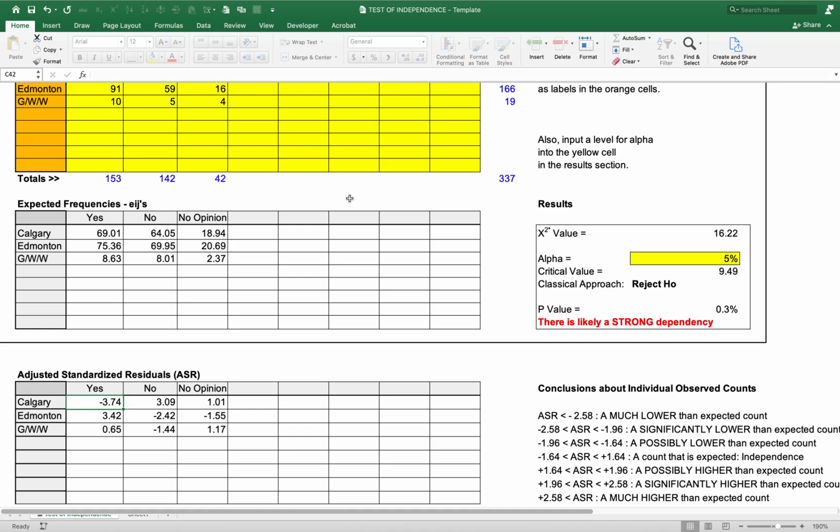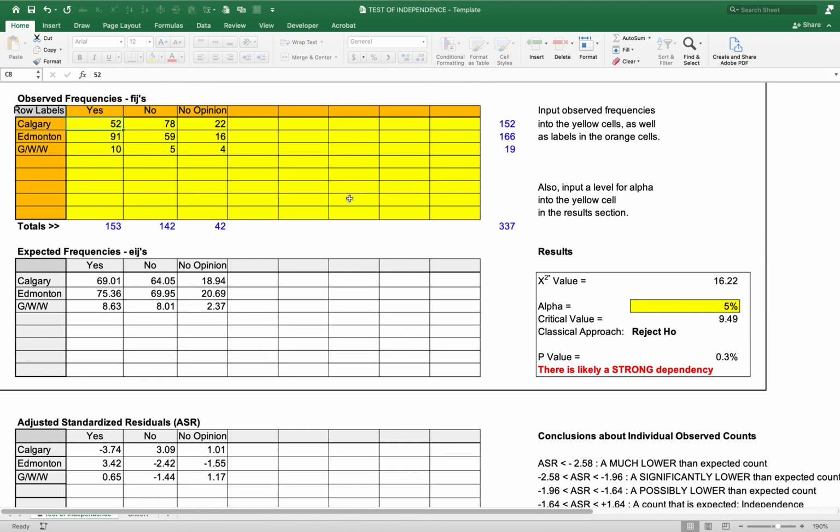Now, by the way, this is just made up data and so on, so I don't know whether this is true or not. And they're saying that there is a much higher than expected number of no's. So again, up here, what we're saying is that for Calgary, this 52 is much lower than this 69, and this is much higher. The 78 is much higher than the 64, significantly higher when you take a look at these guys right here.